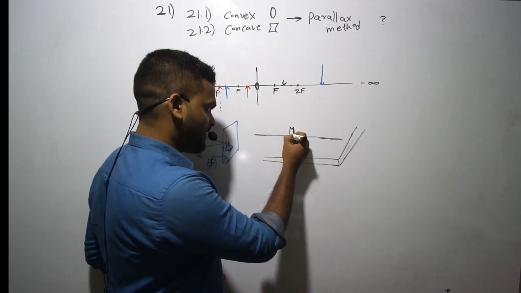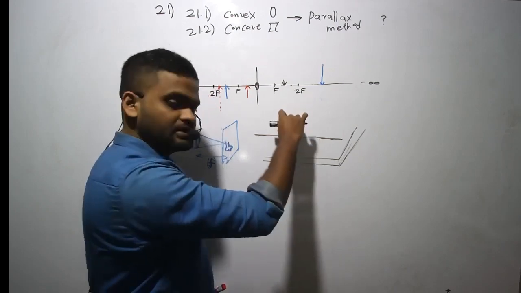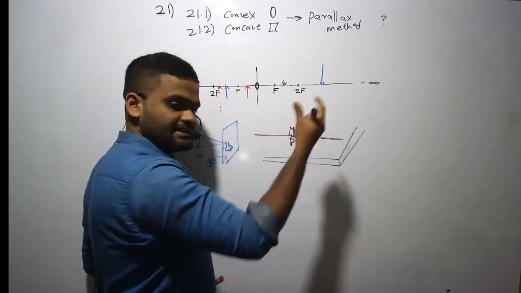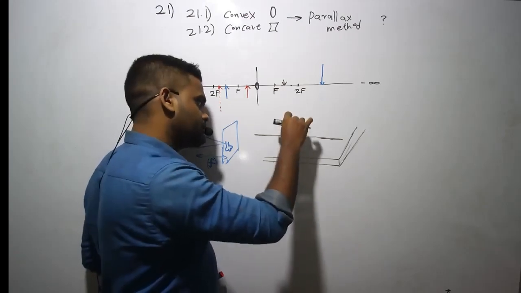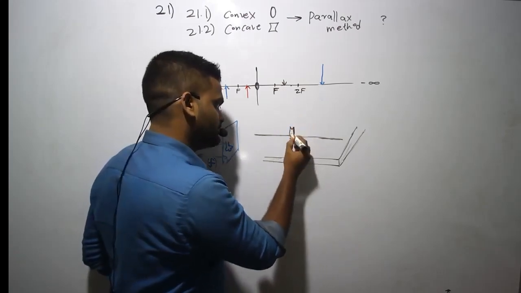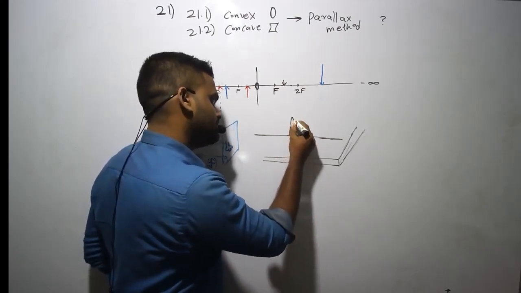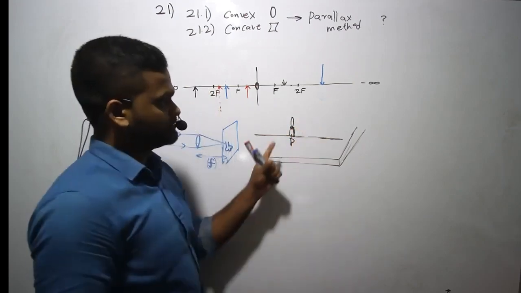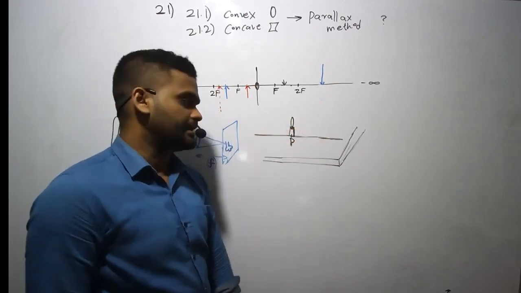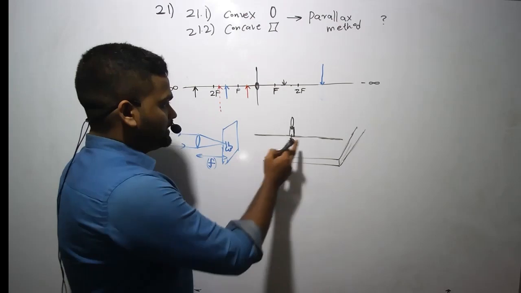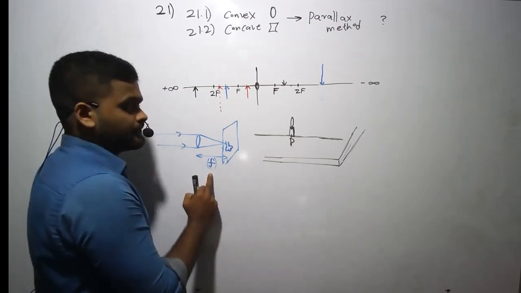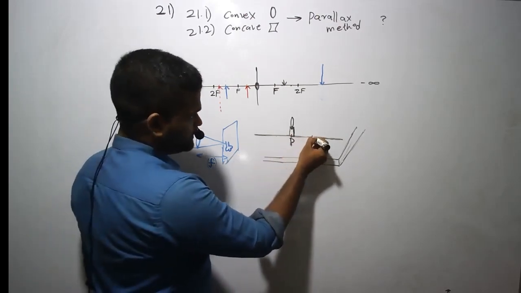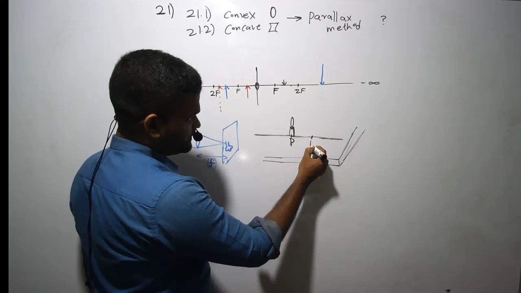There are stands available in the lab. You cannot just put the lens here. So you place the stand here, then on the stand you can place the lens like this, a convex lens in this case. Earlier you found the focal length, so you can mark these positions as well.